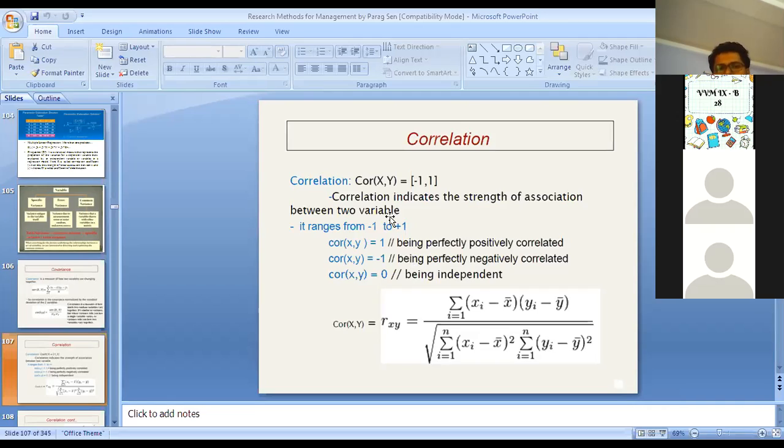And correlation 1 means perfectly positive correlation, and they are in the same direction. And correlation of -1 means there is an absolute negative relationship between the two variables.